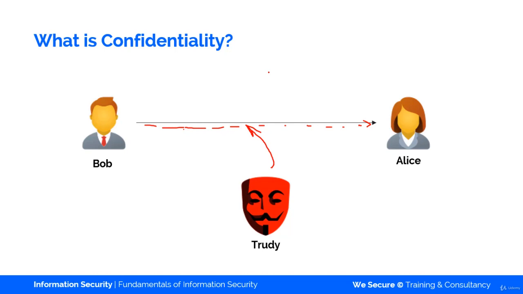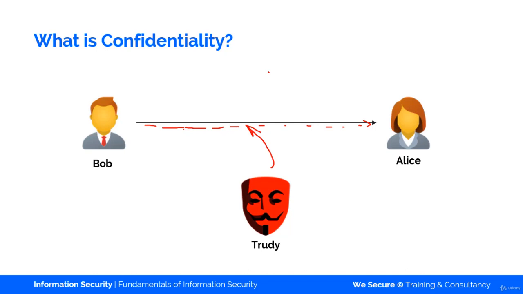Trudy can intercept and have the encrypted text, but there's no point because that data is encrypted with a key that only Alice can use to read the data.